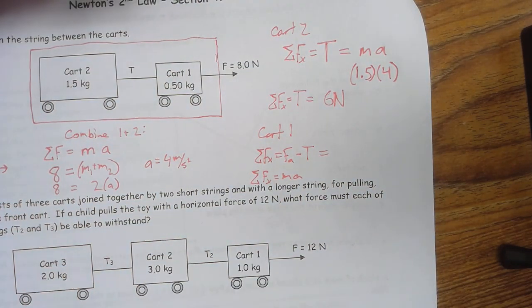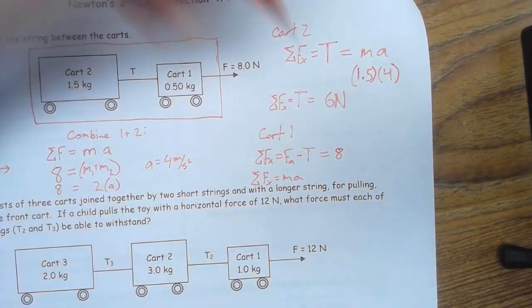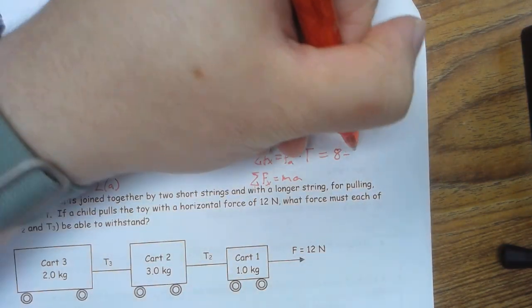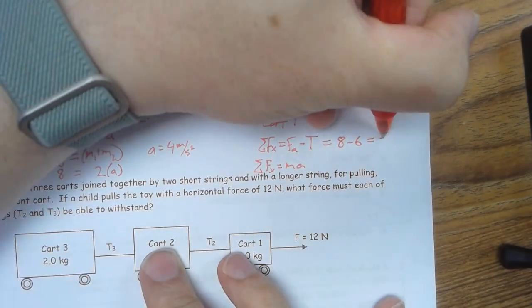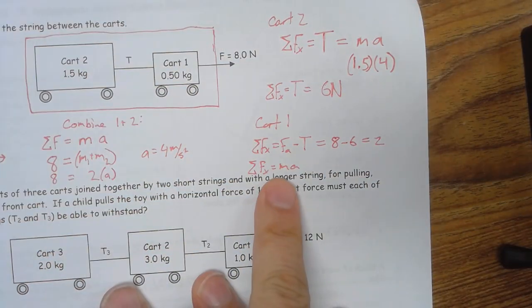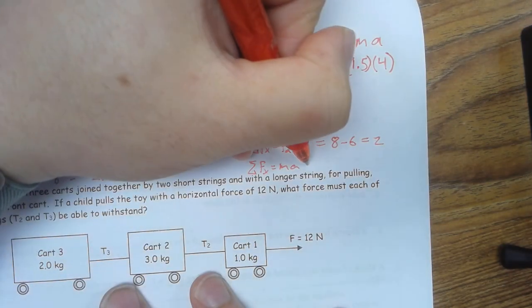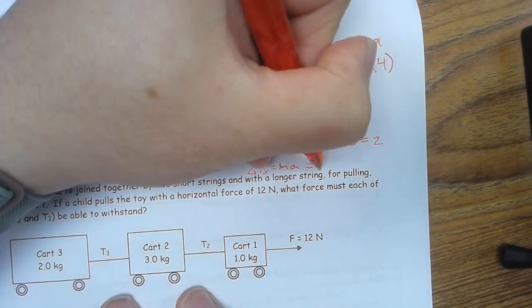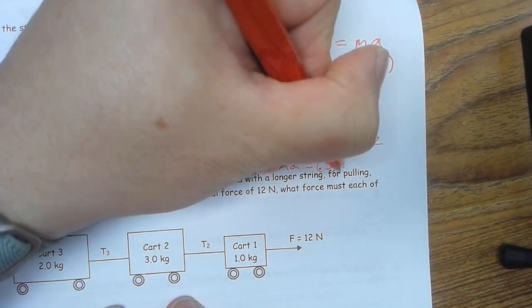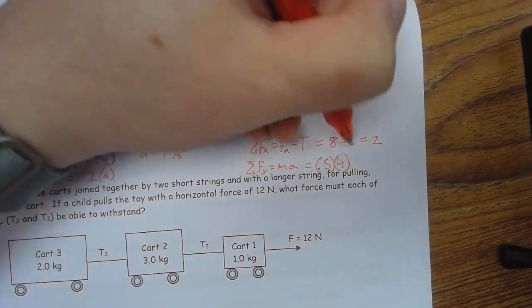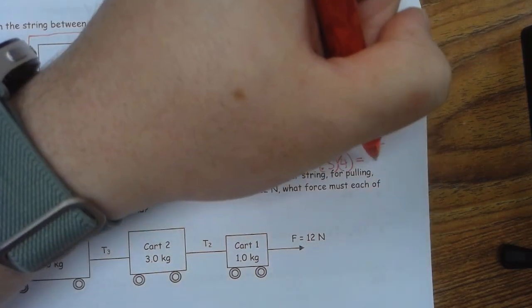What's the force applied? 8. And then minus 6. What's that? 2. What's the ma of the first box? M is 0.5 times 4. What should that equal? 2.